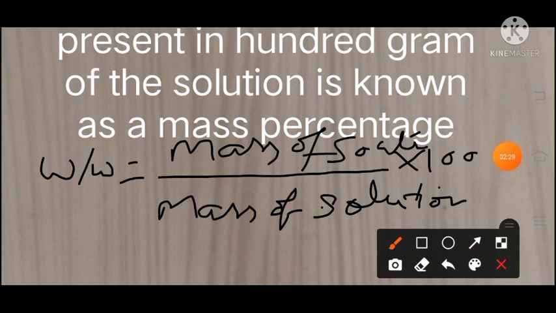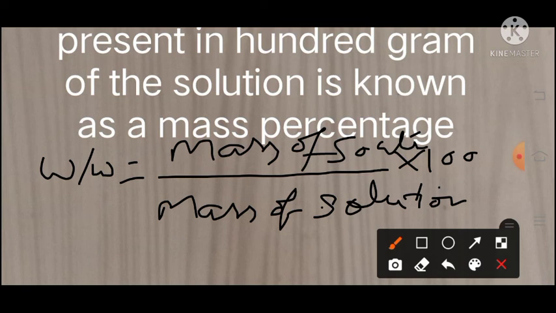I repeat again, the formula to calculate mass percentage or weight by weight or mass by mass equals mass of solute in grams divided by mass of solution in grams, into 100.